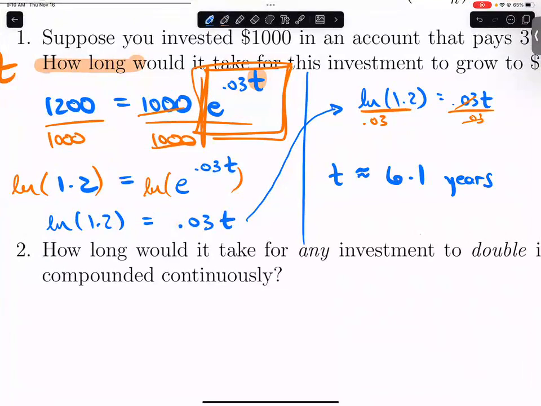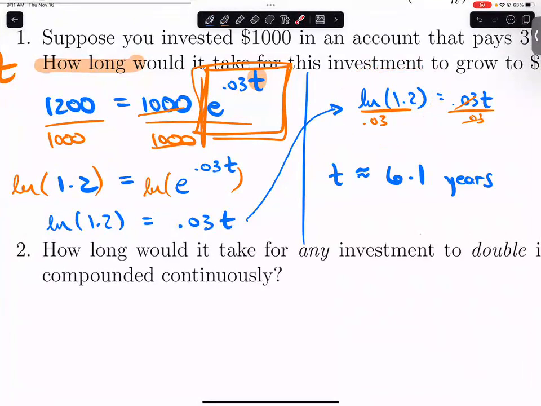So I'm going to write that as 6.1. And that's just this, right? Punch that into the calculator and got 6.1 or something that rounds to 6.1. Okay. Everybody all right with that?